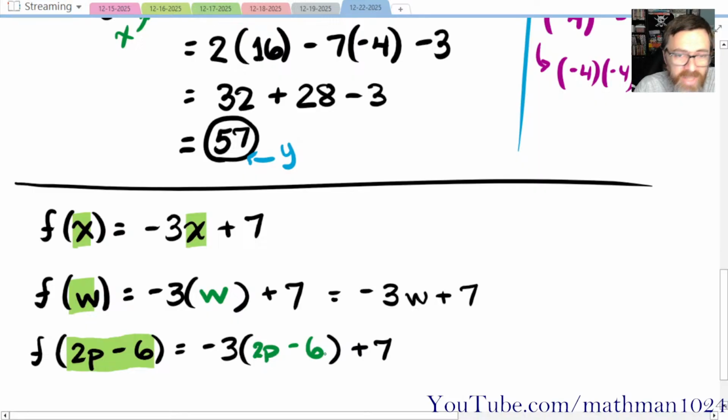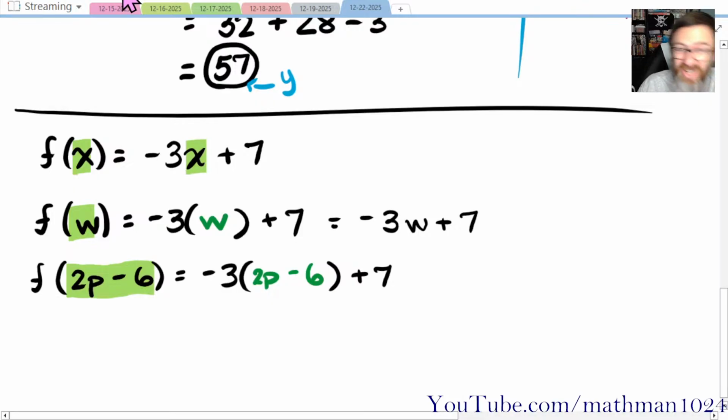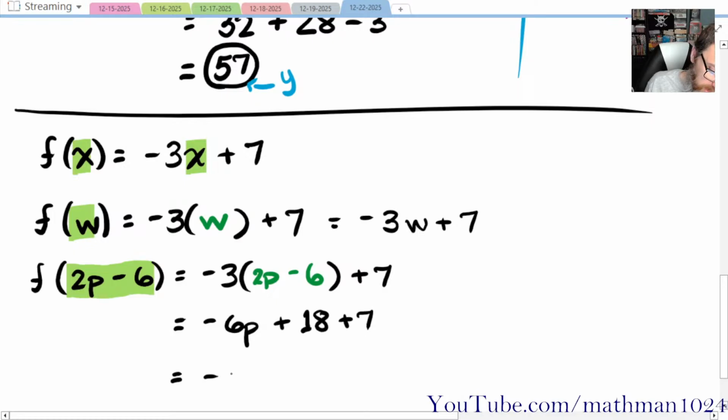So we replace the x with that expression, and then we do the math. Here it becomes algebra because we have variables. So we take the negative 3 and distribute. So we have negative 6p plus 18 plus 7. Altogether we have negative 6p plus 25.